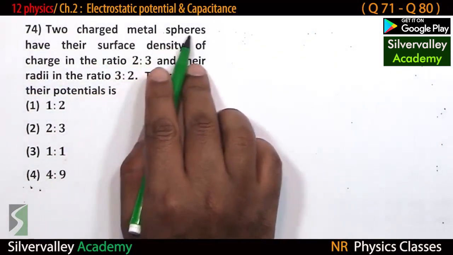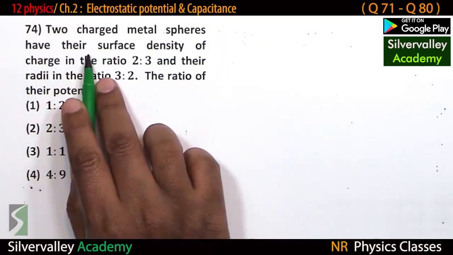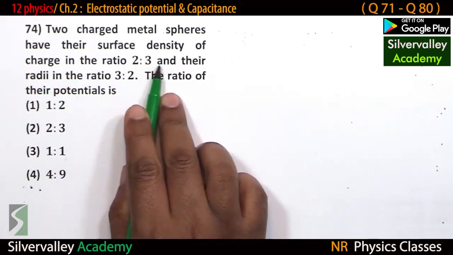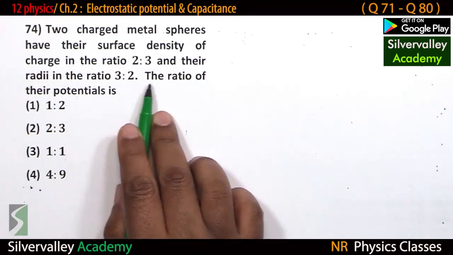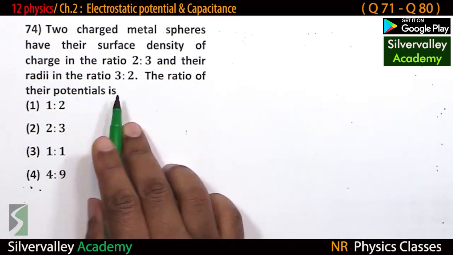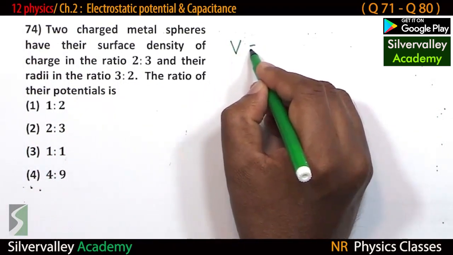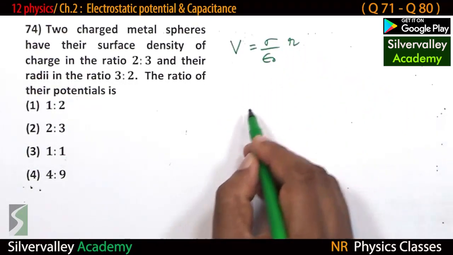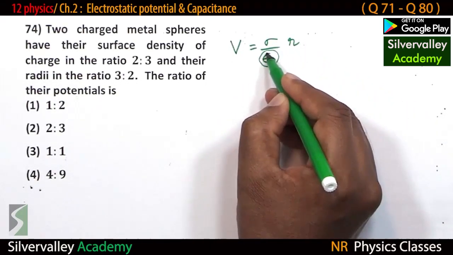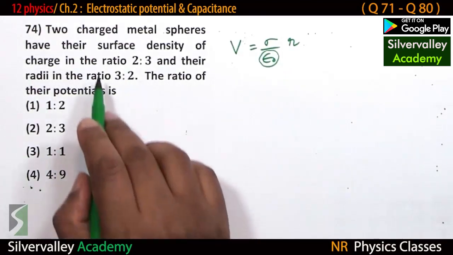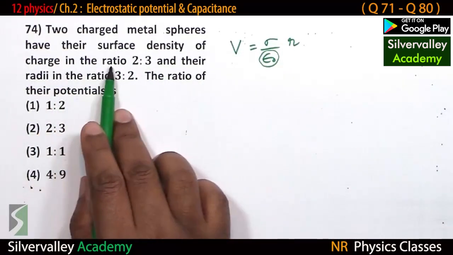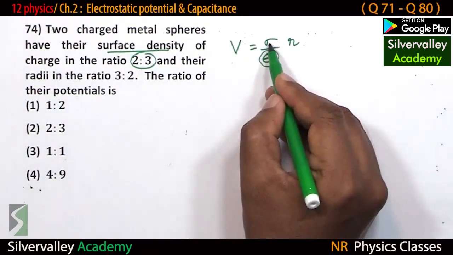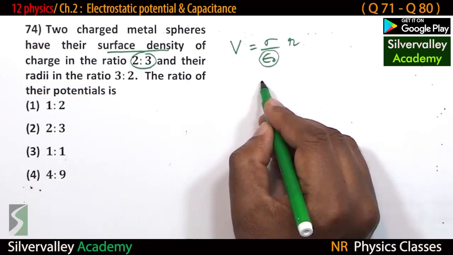Two charged metal spheres have their surface density of charge in the ratio 2:3 and the radii 3:2. Ratio of their potentials? Potential is sigma by epsilon naught into R. This is already a constant. Surface charge densities are in the ratio 2:3.